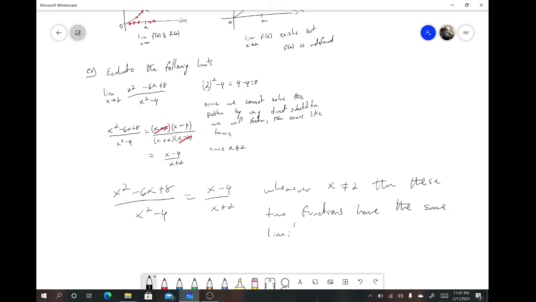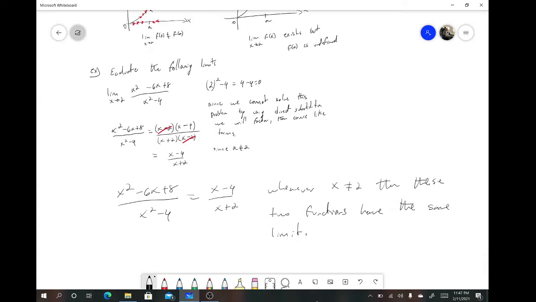They're actually almost identical. So now, instead of finding the limit for this complicated function on this side, I'm going to do it with this one, which is a little bit simpler.